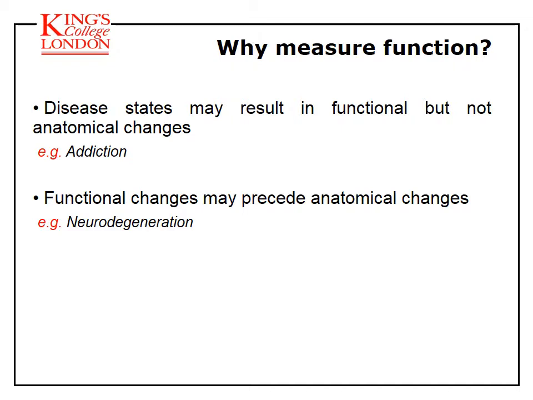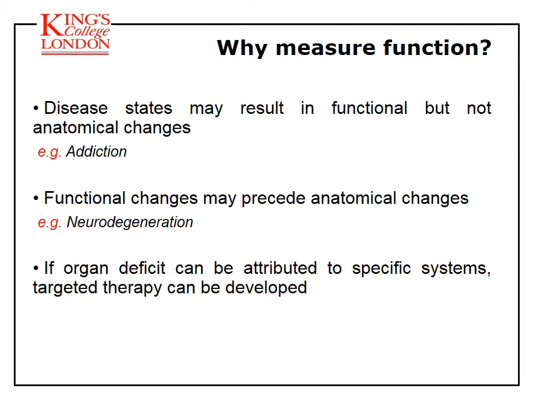For example, in the case of Alzheimer's disease, ApoE4 carriers who have an elevated risk for the disease demonstrate changes in blood flow that precede clinically overt symptoms by more than 20 years. And finally, the third and possibly most important reason is that functional measurements allow the understanding of the pathological mechanisms involved in the disease and direct the development of treatments.